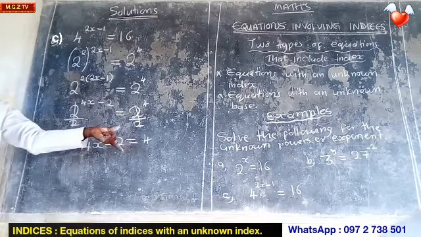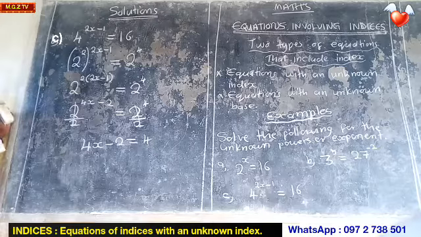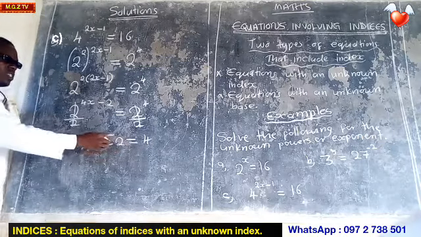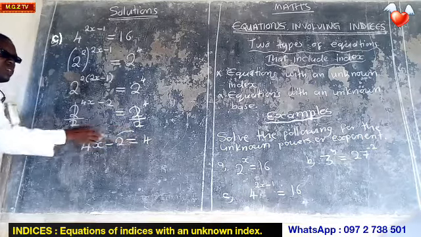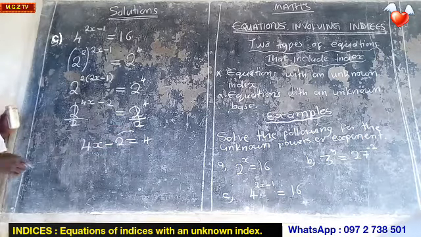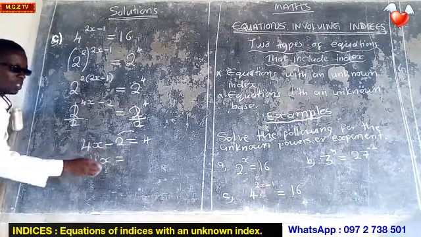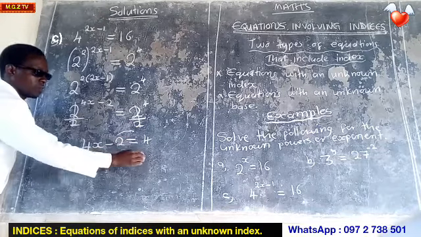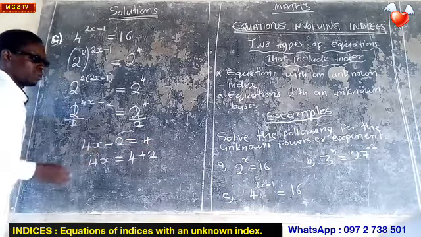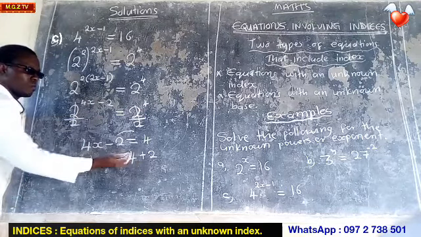This is now an equation that we all know. So from here, we collect like terms. This part goes here, the sign goes to where the friend is. So here, we remain with 4x equals 4, then negative 2 becomes positive 2. And from there, we add these two numbers.